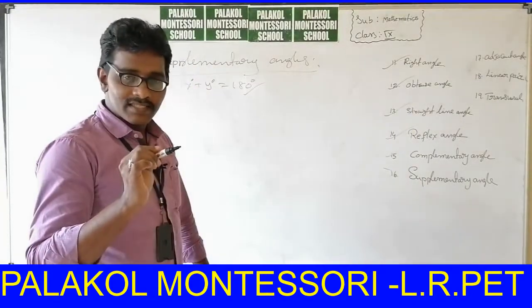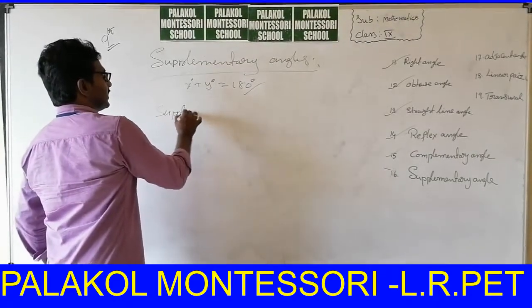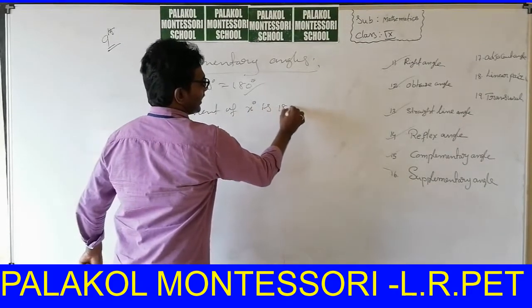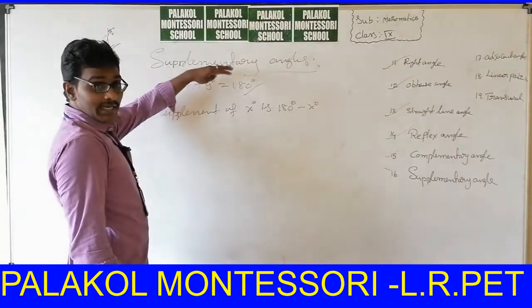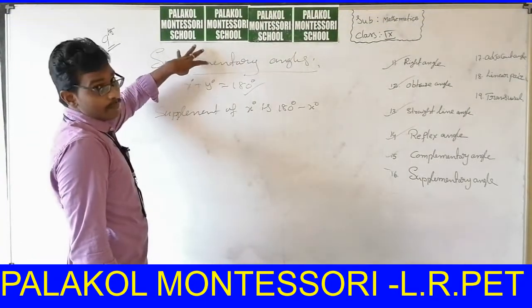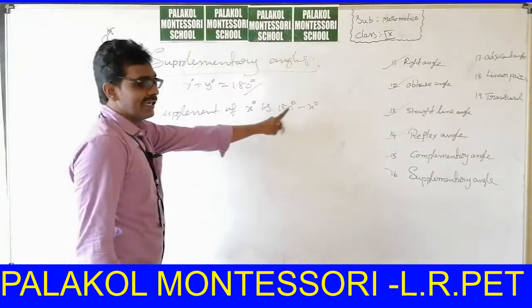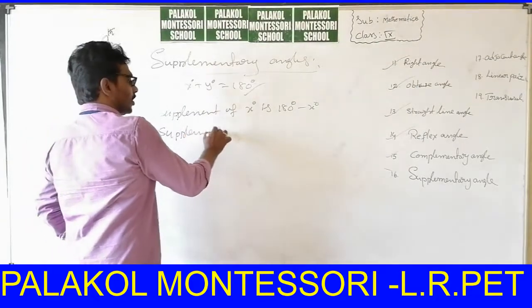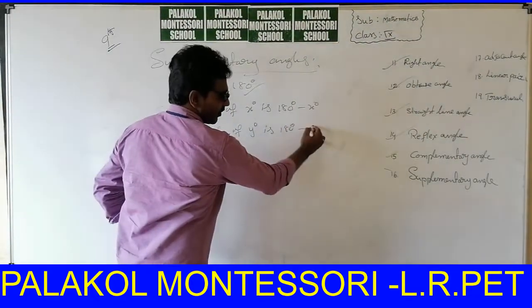So the supplement of x is 180 degrees minus x degrees. The sum of two angles equal to 180 degrees, that type of angles are called supplementary angles. So how to find the supplement of x degrees? 180 minus x degrees. So the supplement of y degrees is 180 degrees minus y degrees.